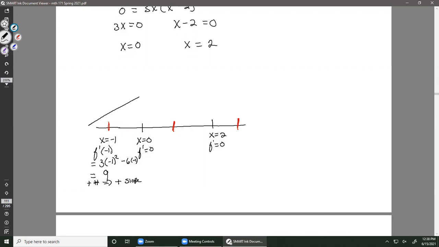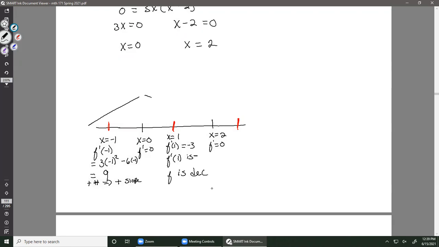And then we need to check what it is doing between 0 and 2. So what is a nice number between 0 and 2? 1. So x equals 1 is another test point. So we're going to look at f prime at 1. And when we plug f prime at 1 in, we get -3. So f prime at 1 is negative, and so f is decreasing.